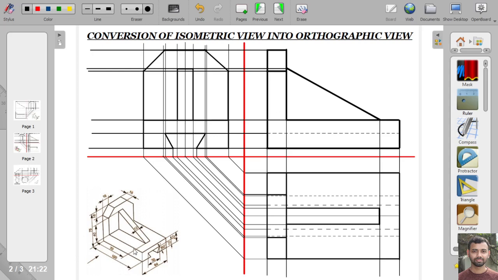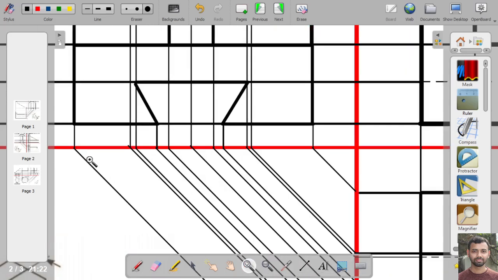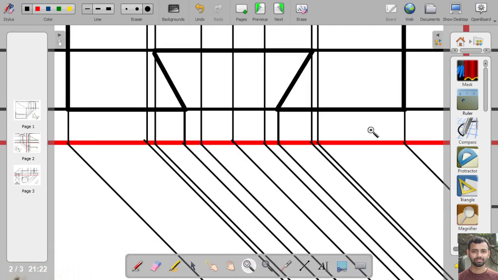Okay. So like this one, this width is given as 64 mm. So now this true shape we will get when we will look from this right hand side. So we will show this dimension in the right hand side only. Okay. So here the space is a little bit less, but I am trying to manage this space. So this space is 64 from this point to this point.